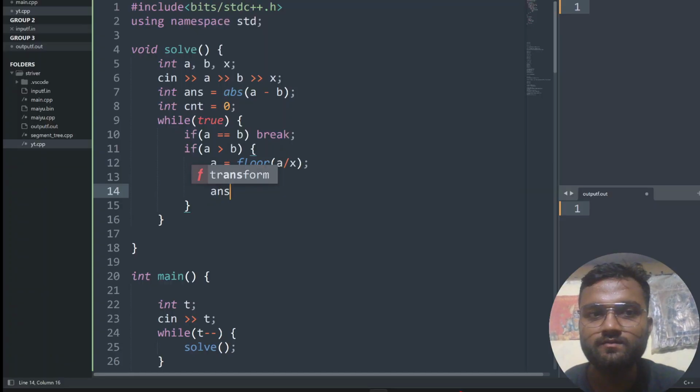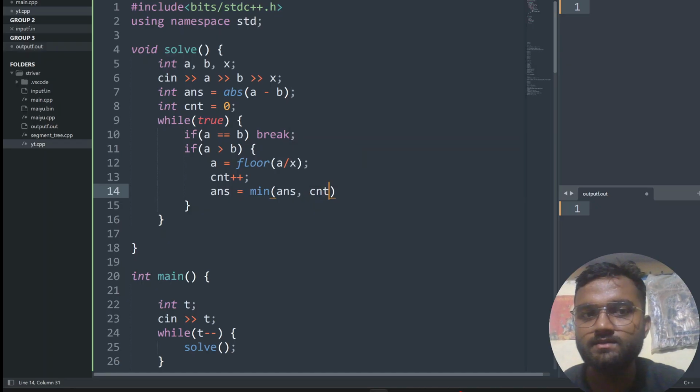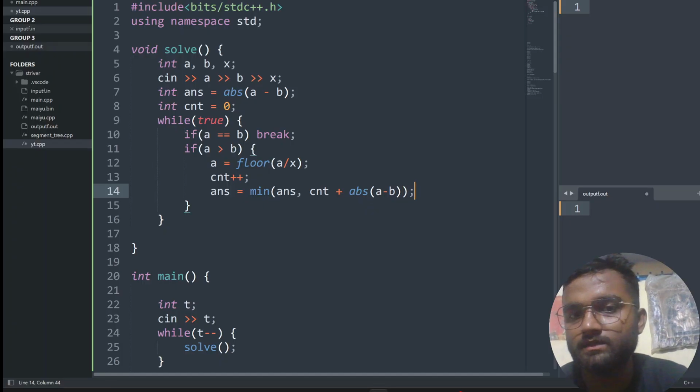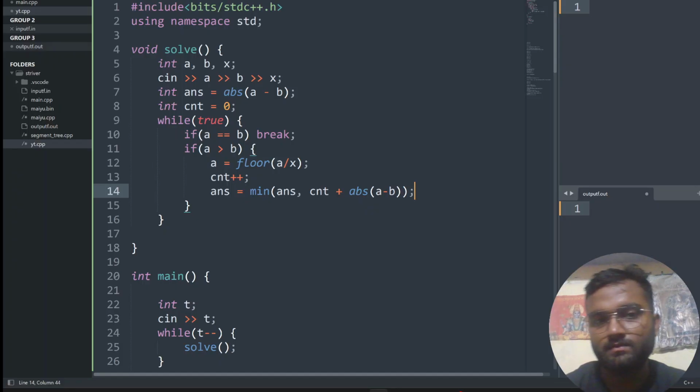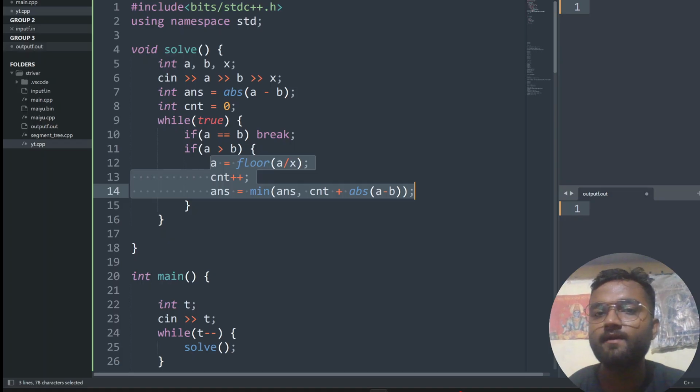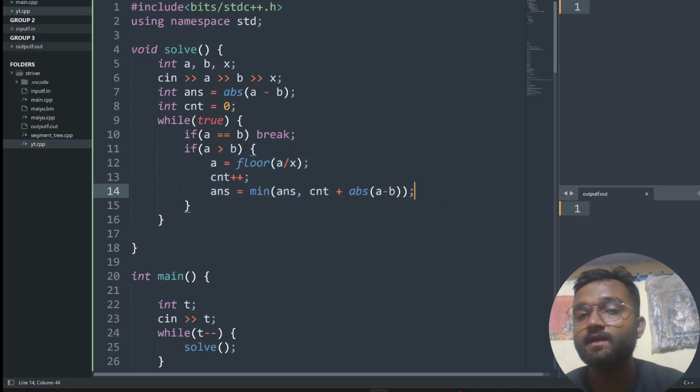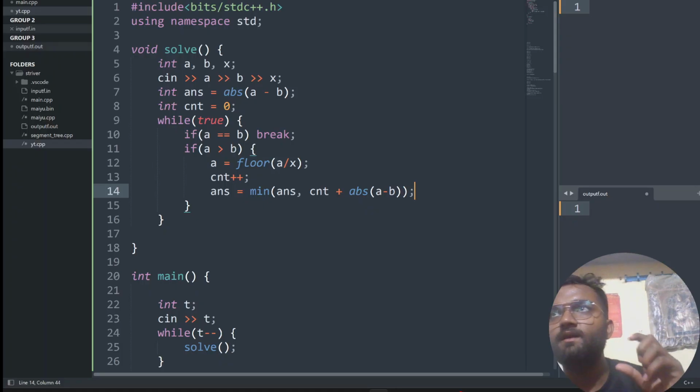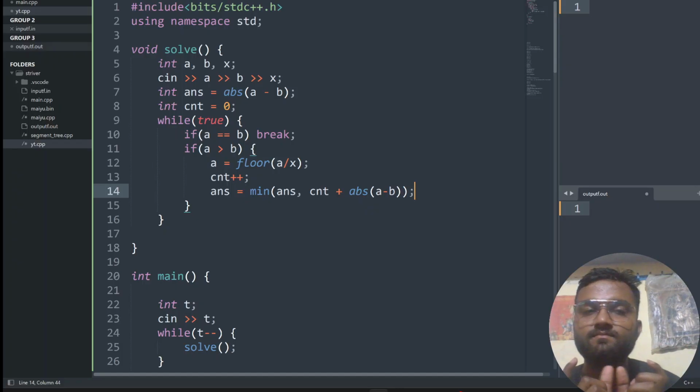So the new answer will be the minimum of the previous answer and the current count done by the divide operations plus the absolute of the new a and b. I think this is clear. I am making a new answer every time. For each divide operation we get a new answer: first divide, and then take their difference to make them equal.